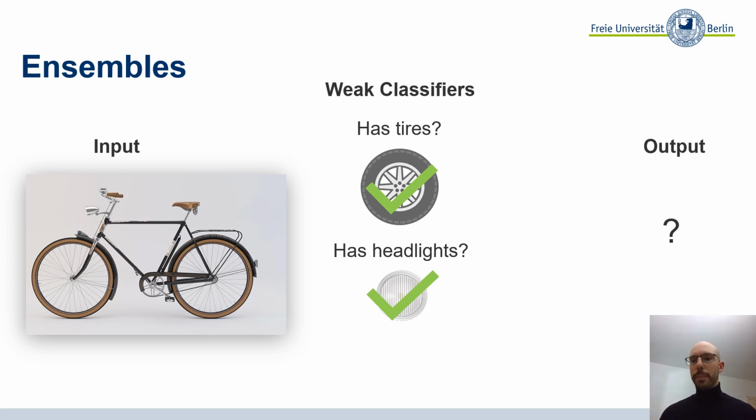I think this example shows very nicely that if you use just one classifier, possibly a weak classifier, and even multiple of those weak classifiers, you might not necessarily end up with good predictions. But I think it's also intuitive to see that if you start combining more and more of those weak classifiers that check for other features, you might actually end up with something that can be used to build a good predictor.